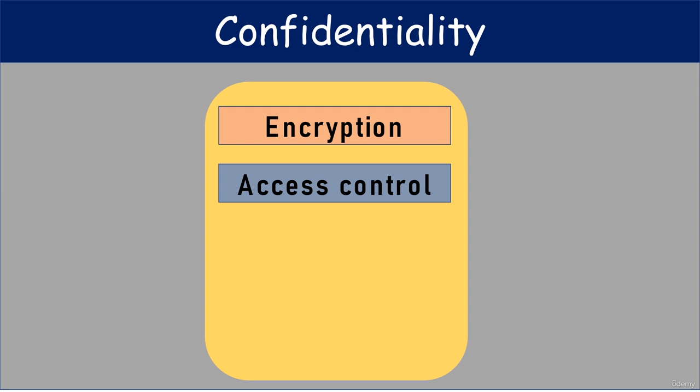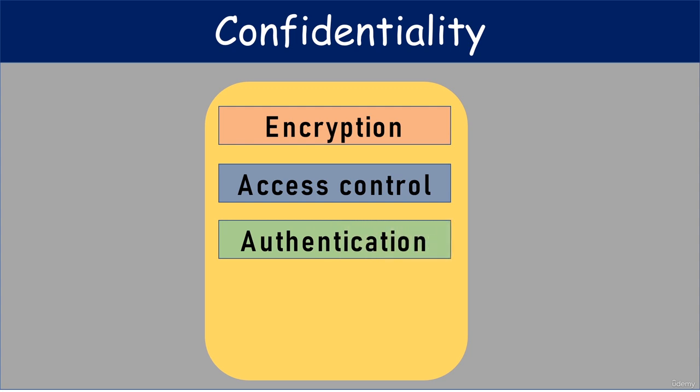So the next one that we have here is authentication. What is authentication? Authentication is a process that ensures and confirms a user's identity or the role that someone has. It can be done in a number of different ways, but it is usually based on a combination of something the person has, something the person knows, and something the person is.